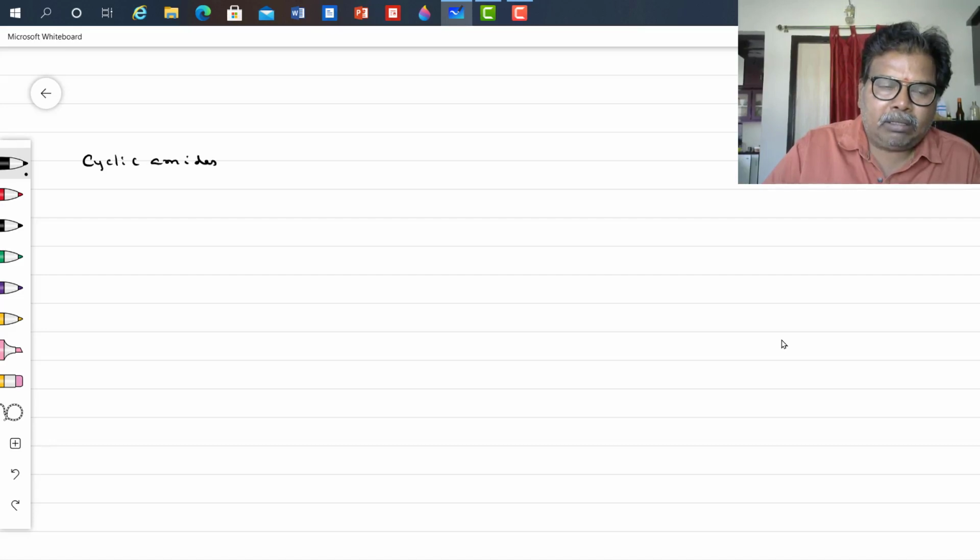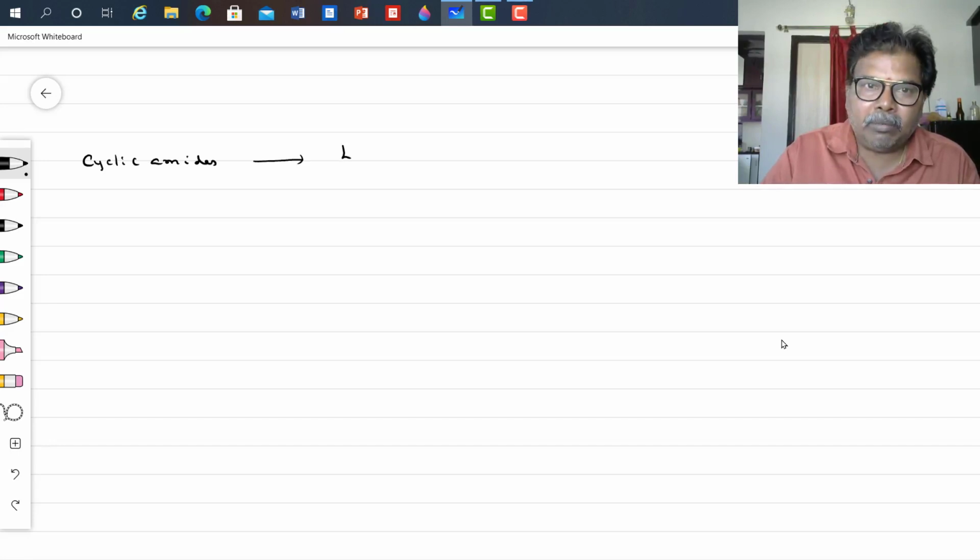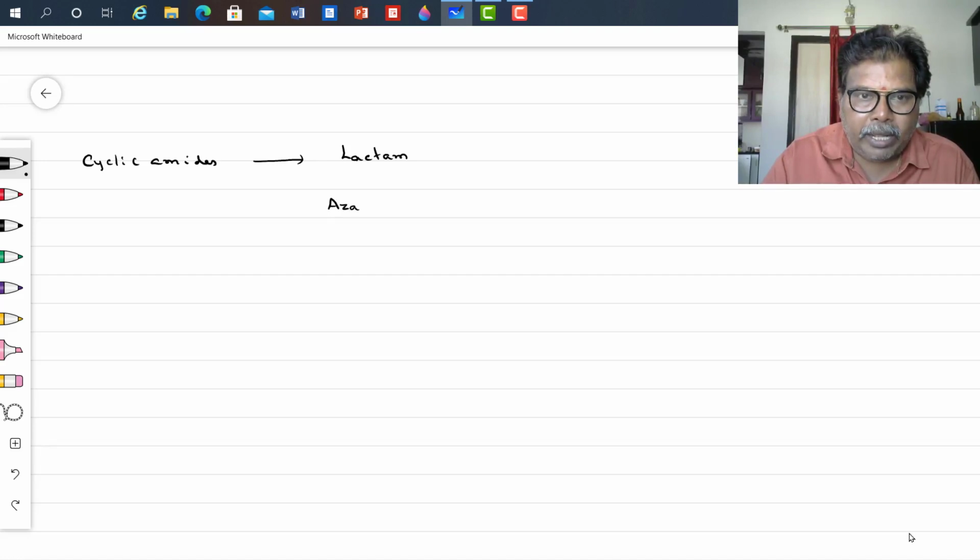Cyclic amides are called lactams because these come again in polymers. In the IUPAC system, these are called aza cycloalkanones. The NH is called aza.